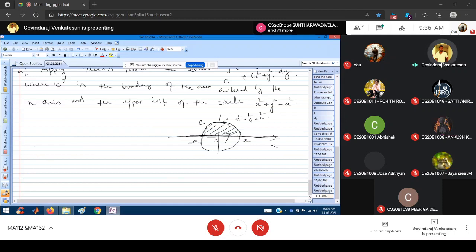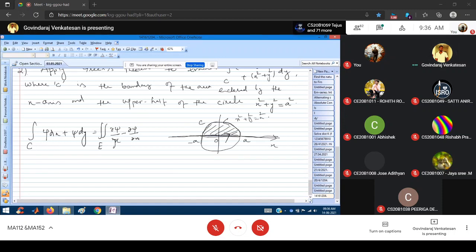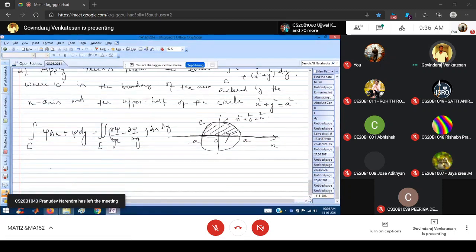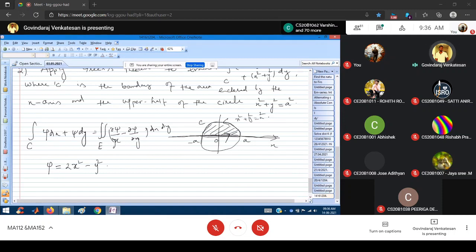Already we know Green's theorem states that the integral over C of phi dx plus psi dy is nothing but the double integral over E of dou psi by dou x minus dou phi by dou y into dx into dy. In the given problem, phi is 2x square minus y square, and psi is x square plus y square.